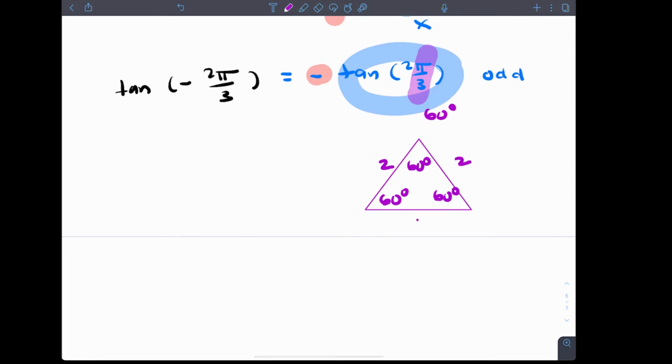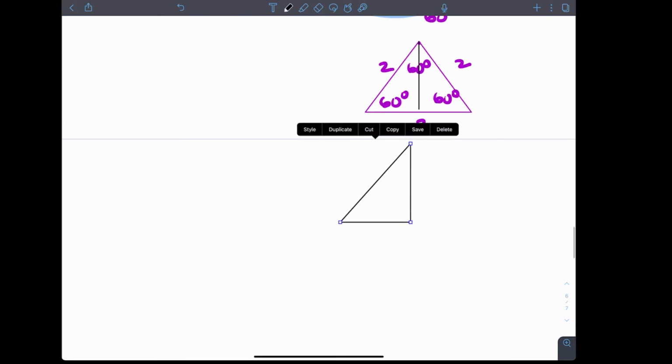In my special triangle, this is 60, this is 2, half of 1, and this other side, remember, is the square root of 3. So far, so good?